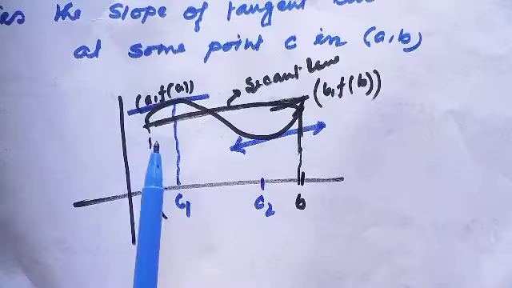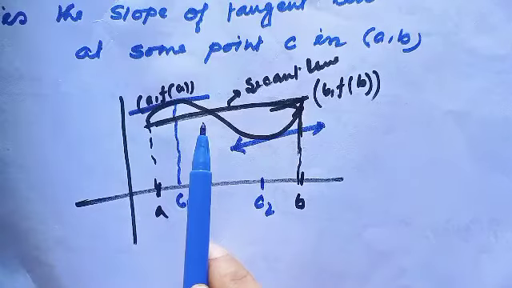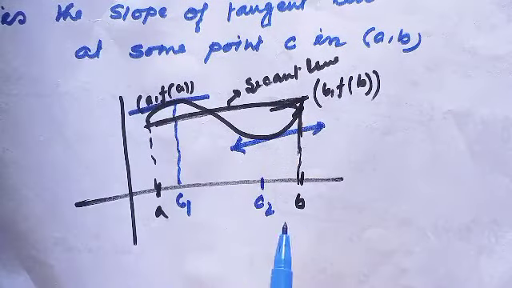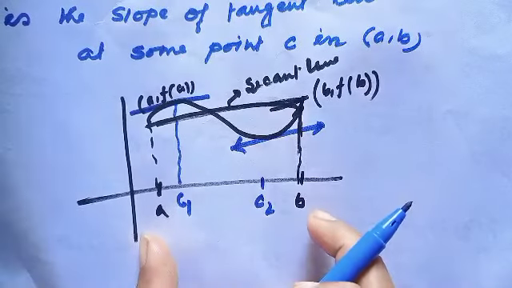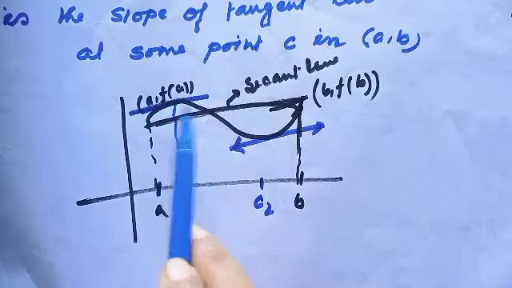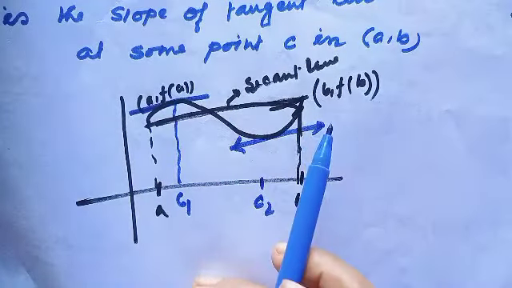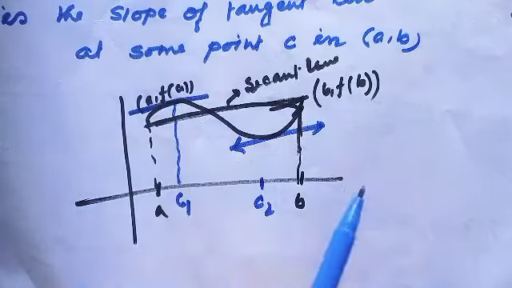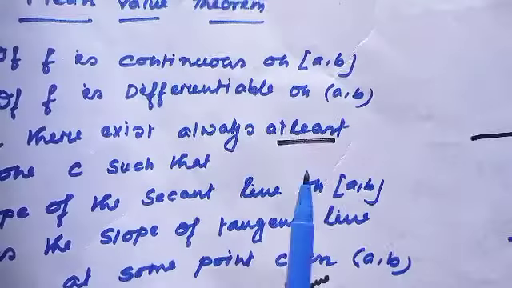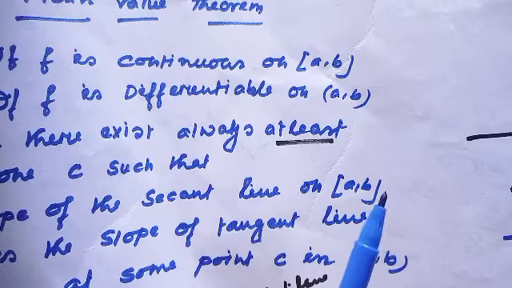That means in this graph there exist two tangent lines at the points C1 and C2 in the open interval AB such that the slope of the tangent line is equal to the slope of the secant line on the closed interval AB. So the statement indicates this condition: there exists at least one C.